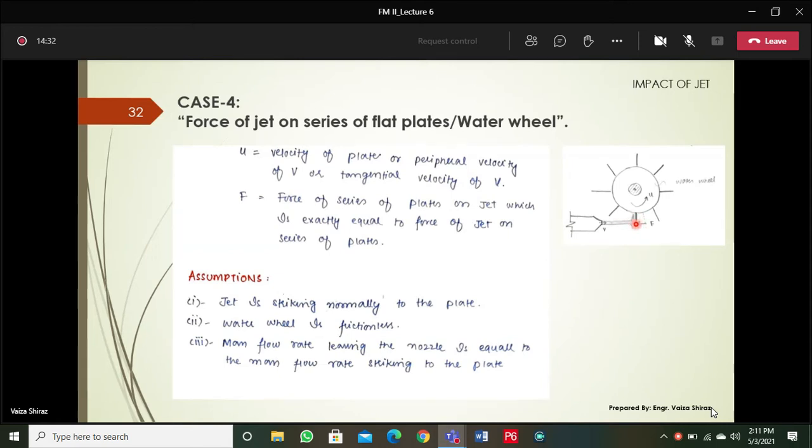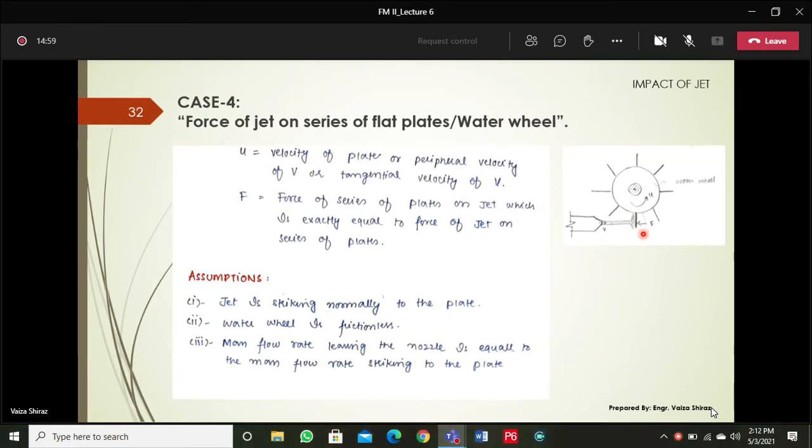When the jet strikes this plate it will move forward, right? But as this plate moves forward, after a certain time the second plate will come to its position in front of the jet. Similarly, when it moves forward, the next plate will come to its position. It means that you will always have a plate in front of the jet at that particular location.